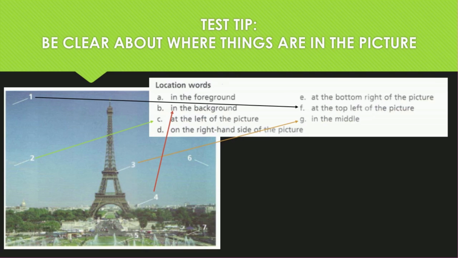Number 5, yeah, it's in the foreground. 6, this is on the right hand side of the picture. And finally, number 7, the location is at the bottom right of the picture. So you have to be clear about where things are in the picture by using location words.